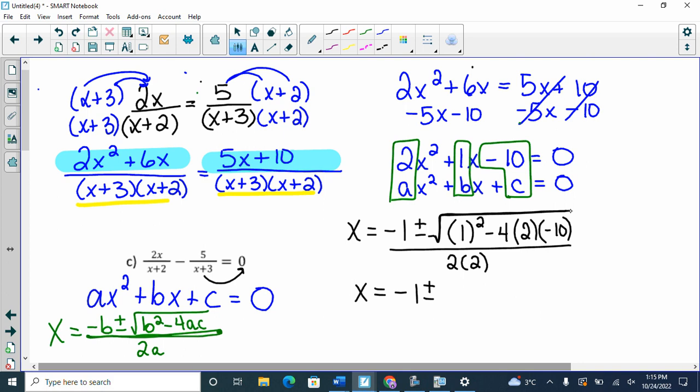Because that's the square root of 81. Square root of 81 is 9. So you should put in square root, bracket 1, bracket squared, minus 4, bracket 2, bracket negative 10. And you should get 9. If you're not getting 9, you're doing something wrong. Are you getting 9? Everyone getting 9? No? Yeah, you just didn't use the square root.